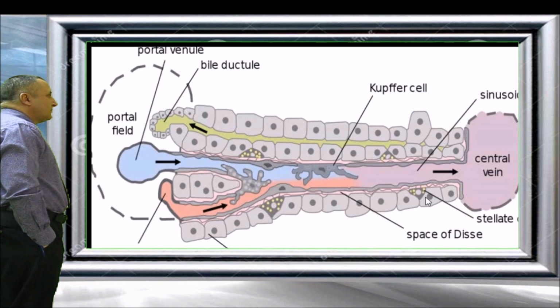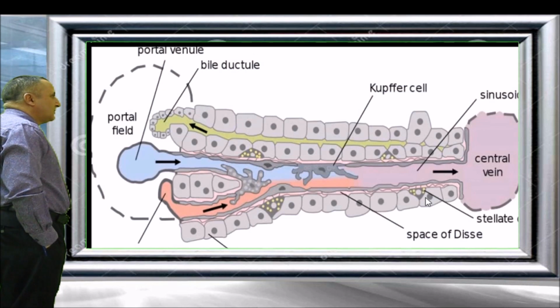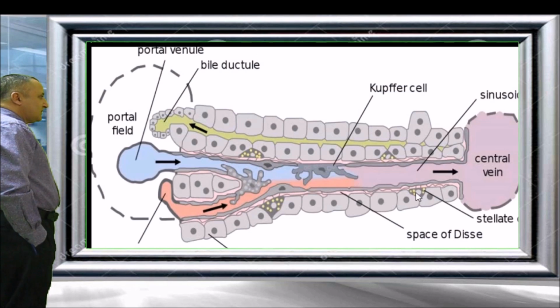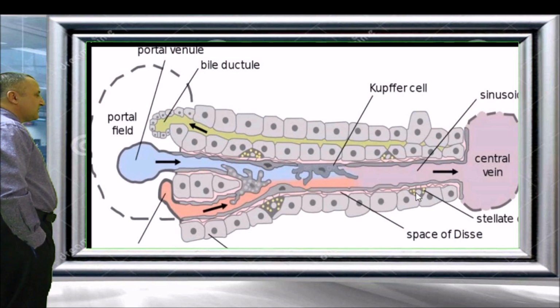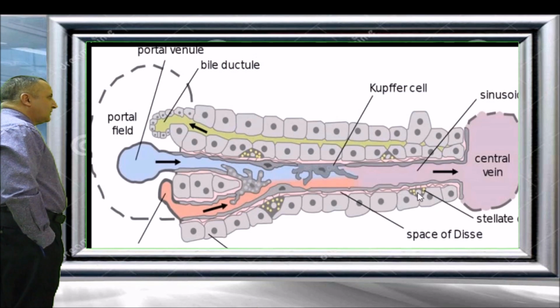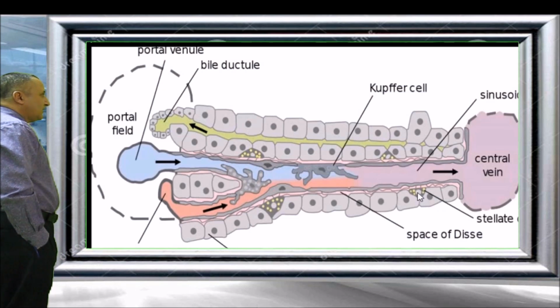For example, in cases of chronic liver disease, they are converted to fibroblasts and then deposit fibers in the liver, so that the liver becomes fibrosed, scarred and shrunk.